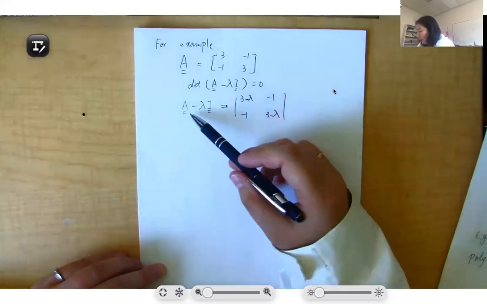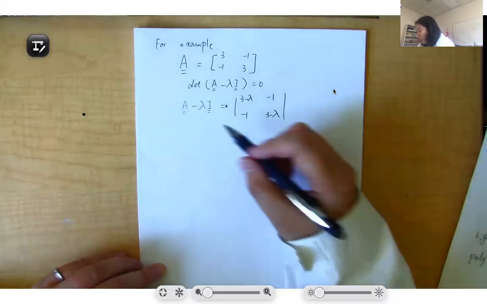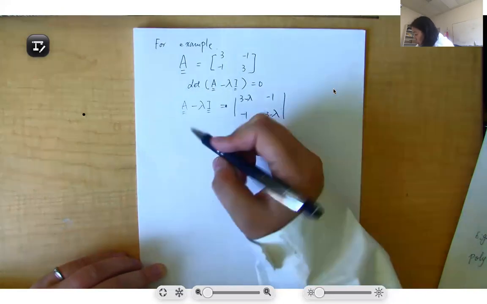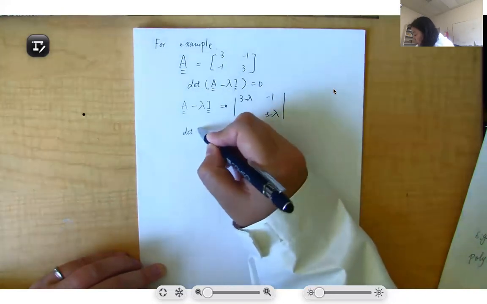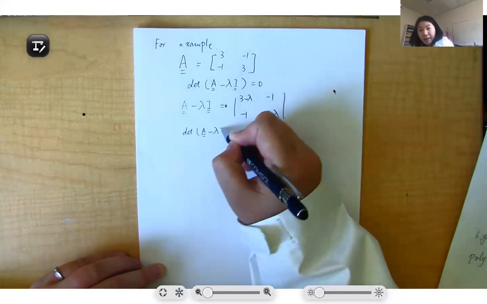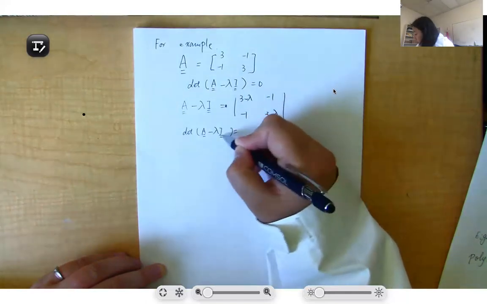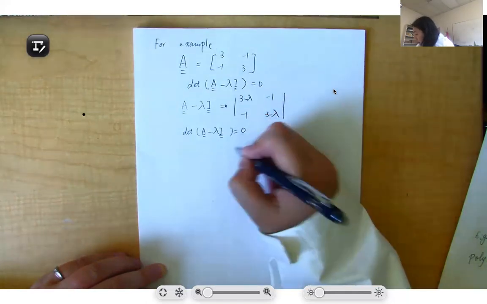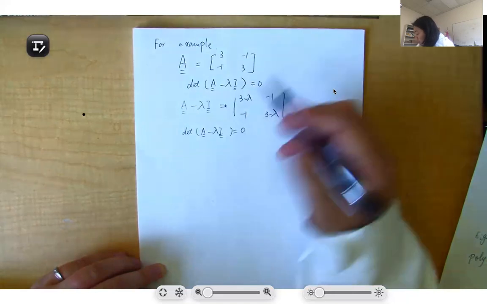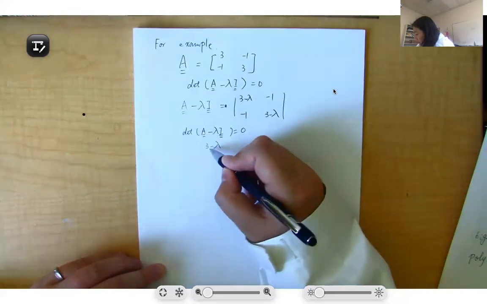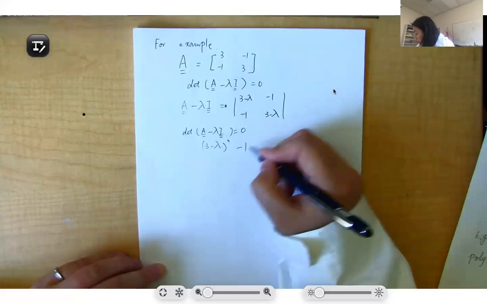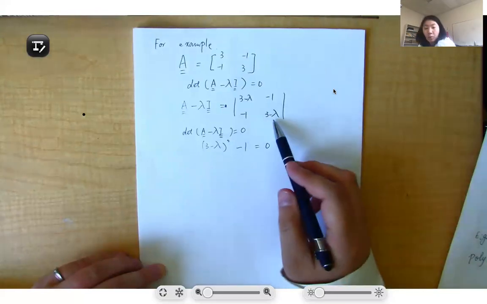In order to make the determinant of the new matrix equal to 0, the determinant of A minus lambda I will be equal to 0. So the characteristic equation will be (3 minus lambda) squared minus 1.